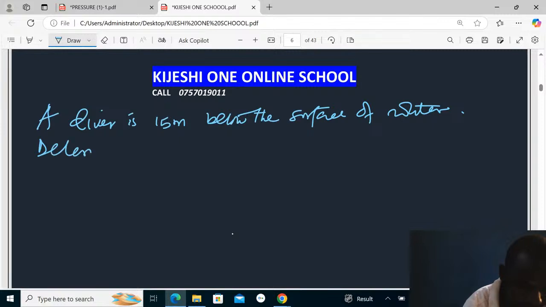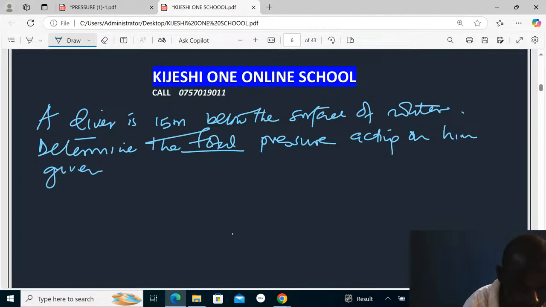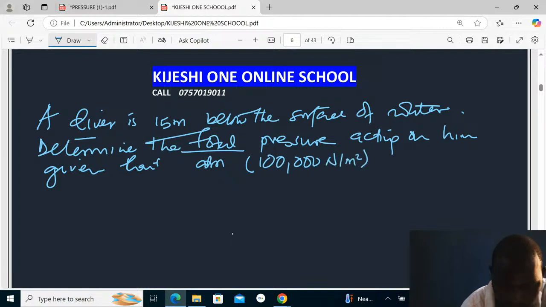Determine the total pressure acting on him, given that atmospheric pressure is estimated to be 100,000 Newton per meter squared, while g is 10 newtons per kg.